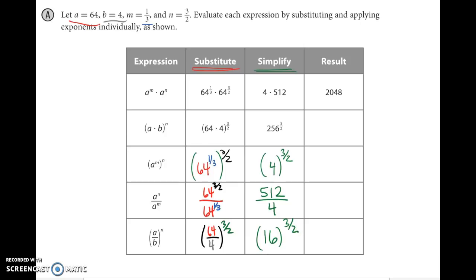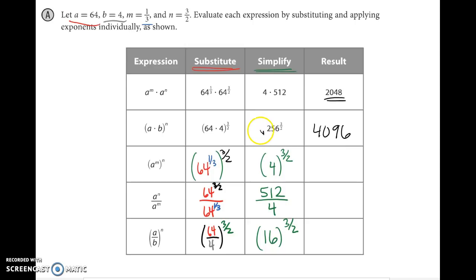So what's my final result? Let's see. So 256, the way we got that was 64 times 4 was 256, and that has an exponent of 3/2. So 256 to the power of 3/2 is 4096.